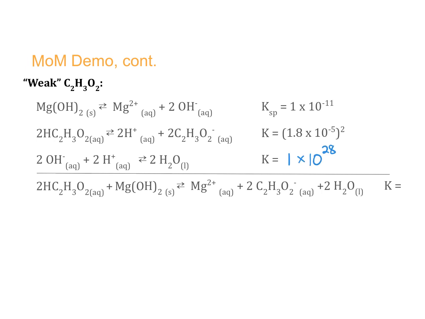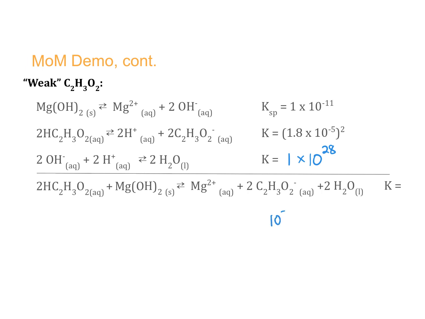So if we combine all of those systems, we get this overall reaction that acetic acid and magnesium hydroxide are neutralized to make magnesium ion, acetate ion, so magnesium acetate, and water. And if we take our 3 K values, 10 to the negative 11th, 10 to the negative 10th, and 10 to the 28th, and we multiply those all together, the exponents will add.